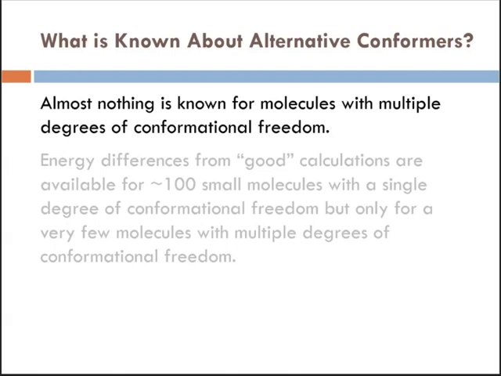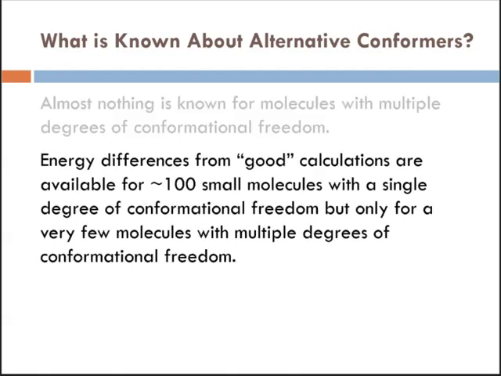I think the only example I know is pentane. From calculation, we have, again, about 100 small molecules where we know the differences between low energy and higher energy conformers, 2-conformer molecules. We have a few, again, less than 5 molecules where we actually have multiple degrees of freedom.